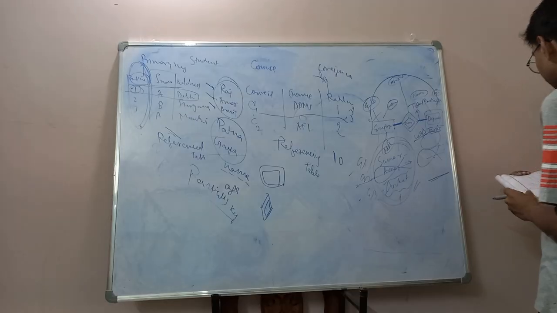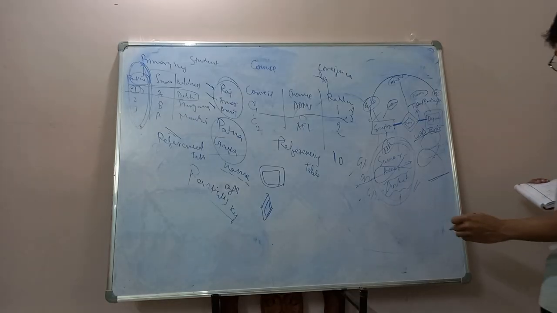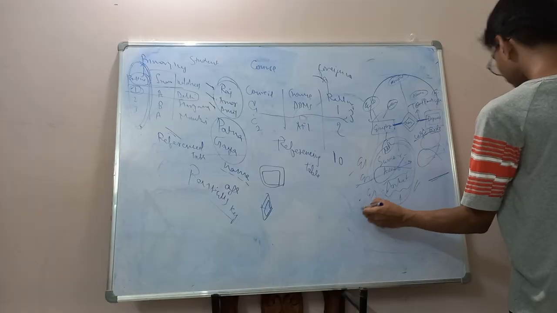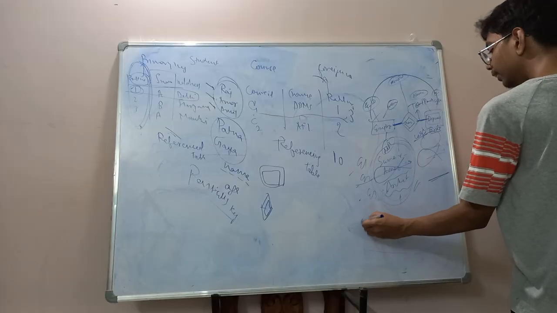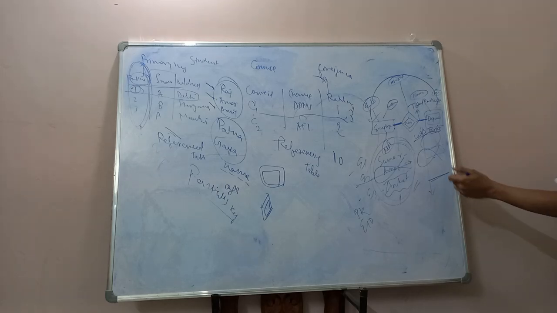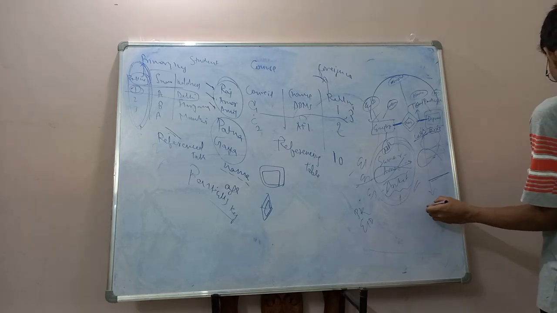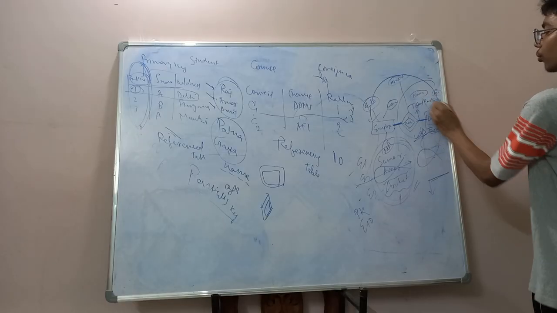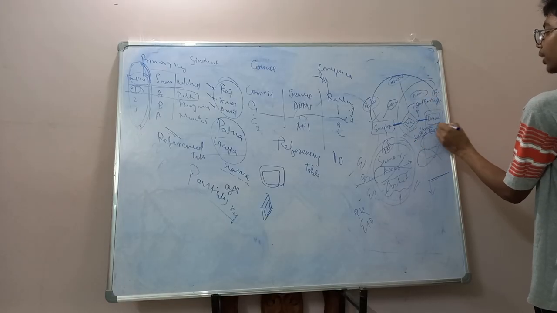And suppose I have to make a table. Suppose I have to make the employee table, so employee ID will be my primary key. But suppose I have to make the dependent table, so that table will be composed of the relationship and dependent also.